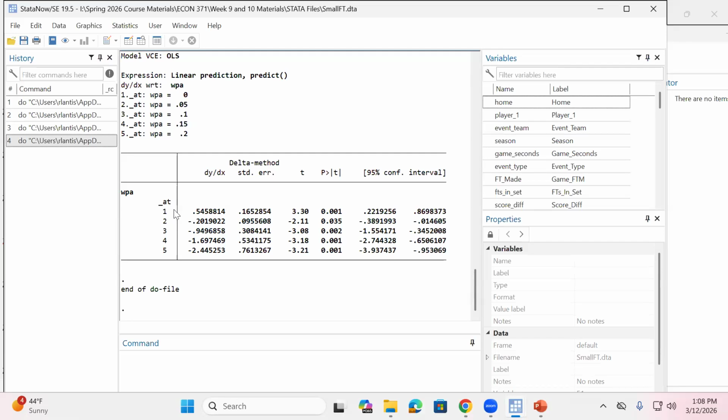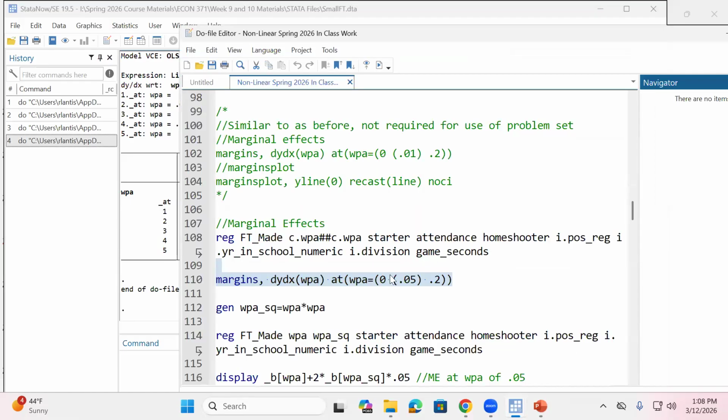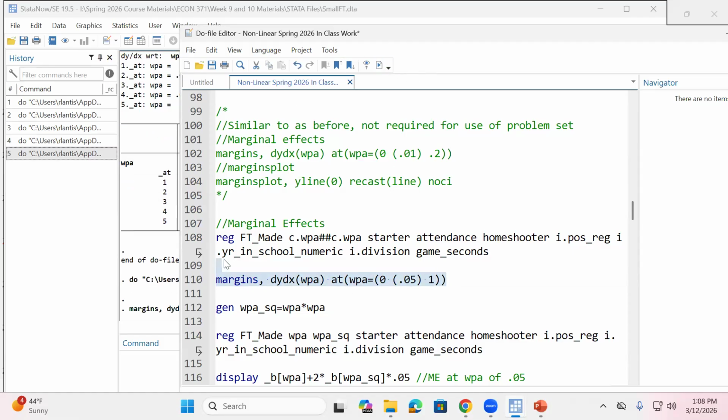So it's not great because it shows me these numbers. Well, I'd have to remember that those numbers represent the predicted marginal effect at 0, 0.05, 0.1, 0.15, and then 0.2, right? 0.2 is where it stops. If I wanted to, I can make it stop at 1, and that's fine.